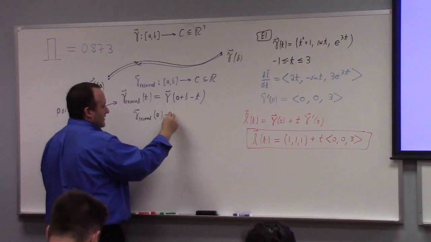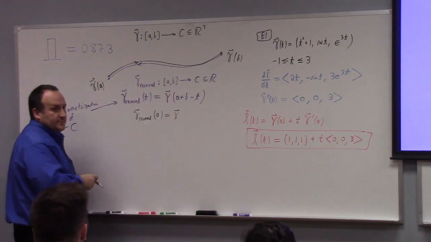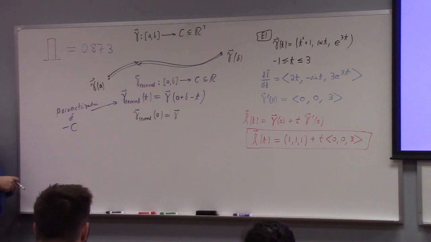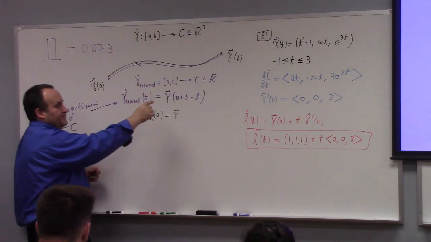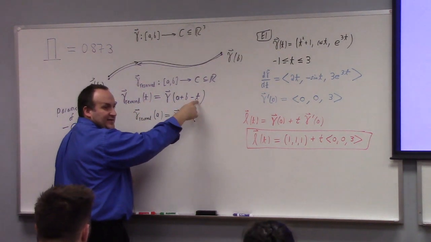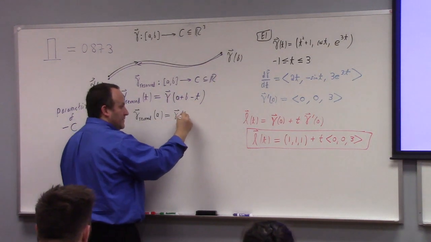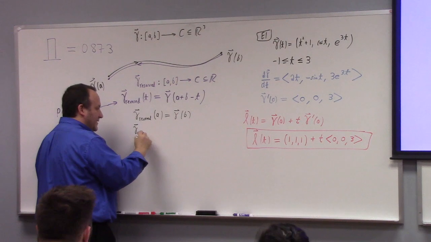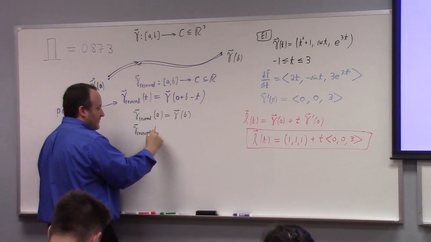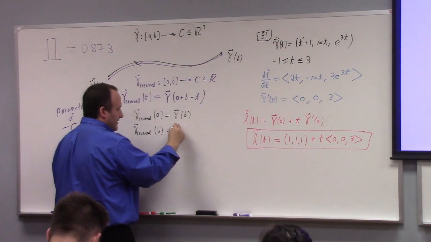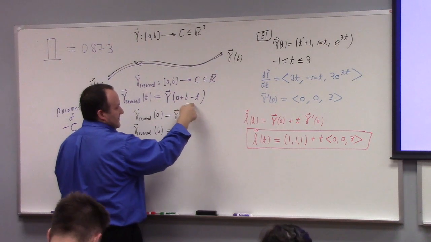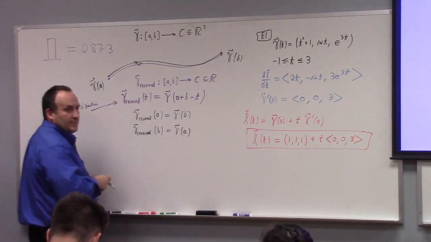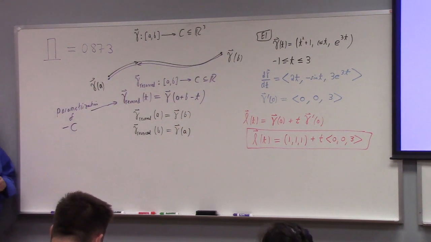You get gamma of a plus b minus a, also known as b, right? And if we plug in b into the reversed thing, we get gamma of, the b's cancel, and we get a, right? So that's a good sign.